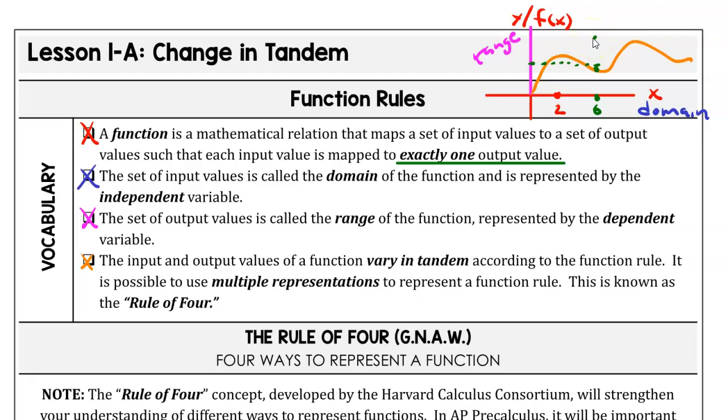Now this hopefully makes sense. Imagine a real life case, like temperature. At 6 o'clock, the temperature is whatever this is. We can't have another temperature over here, because that would mean at 6 o'clock, it could be this hot and also this hot at the exact same time. So that's why we have this rule that there's only one output.